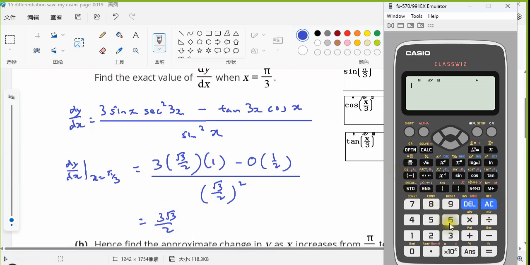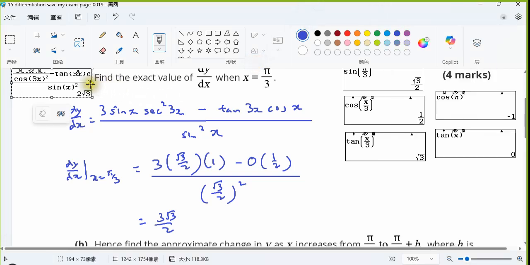So we have 3 sine x over cos 3x squared, minus tangent 3x cos x, over sine x squared, when it is pi over 3, 2 square root 3.